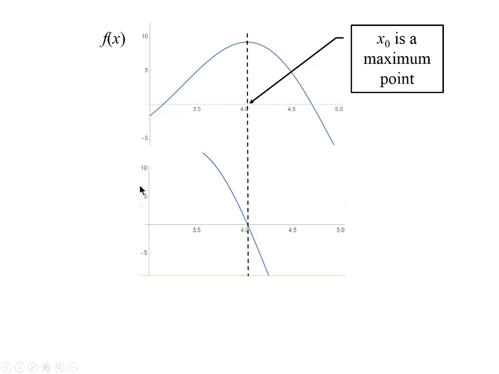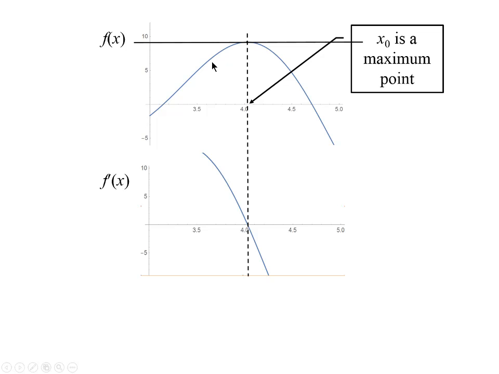So on the second graph below this one, we look at the behavior of the first derivative. It's easy to establish what it is doing. At the maximum point here, the tangent has slope equal to 0, so the derivative right here is equal to 0.